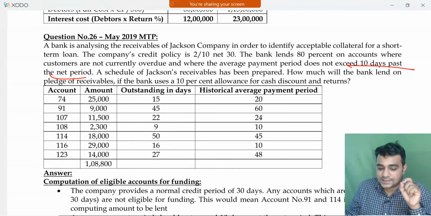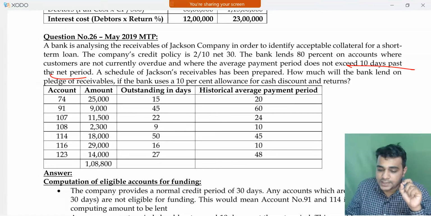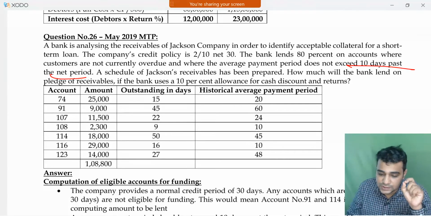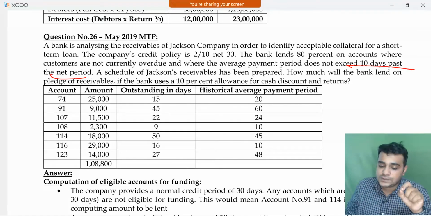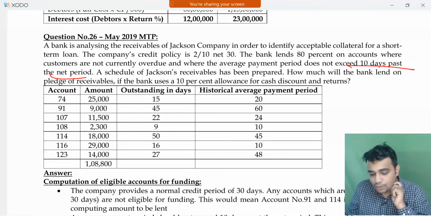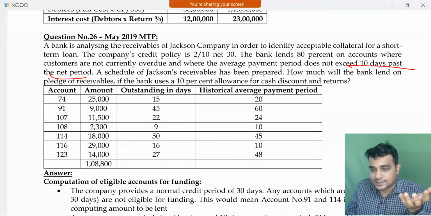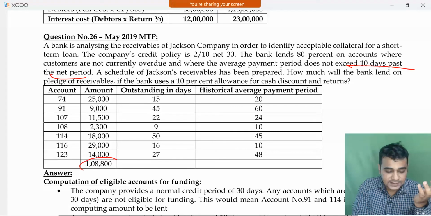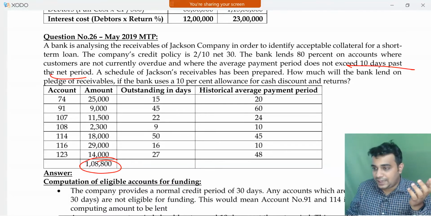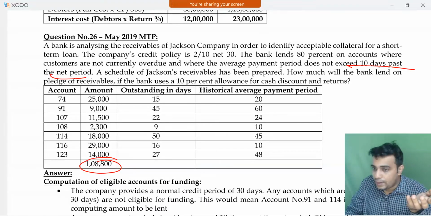A schedule of Jackson's receivable has been prepared. How much will the bank lend on pledging of receivables if the bank uses a 10% allowance for cash discount and returns? So I go to a bank saying that I have debtors of 1,08,800. Can you give me loan against this?